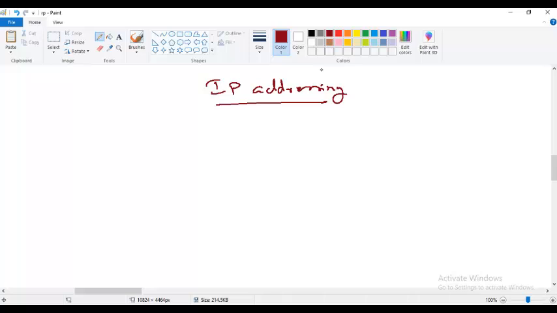But the US government was having a secret communication using an address. That's the address that we are calling today the IPv4 address. This IPv4 or IP address is a version 4 address we are talking about. IPv4 or IP address, both are the same. If someone says IP address, it means IPv4 address, version 4 address.